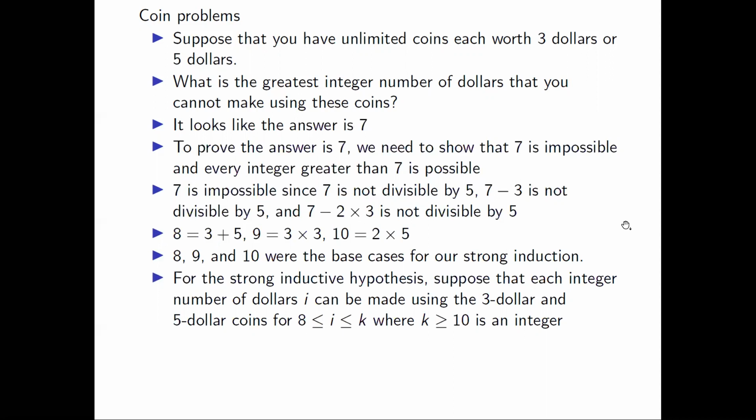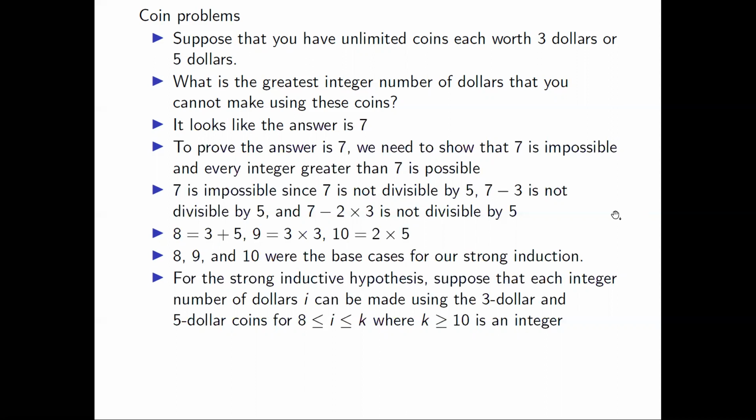And for the strong inductive hypothesis, we're going to assume that each integer number of dollars I, where 8 is less than or equal to I is less than or equal to K, can be made using the $3 and $5 coins. So the property is possible for all I with 8 less than or equal to I less than or equal to K. That's our strong inductive hypothesis.